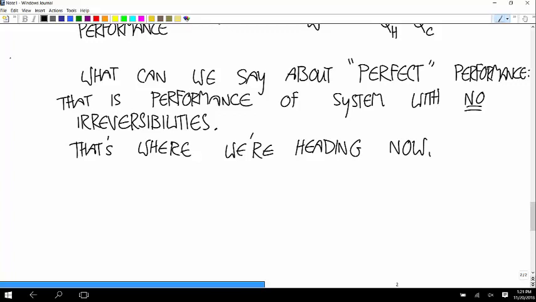And the first step towards getting there is, let's compare cycles by different kinds of totally reversible systems.